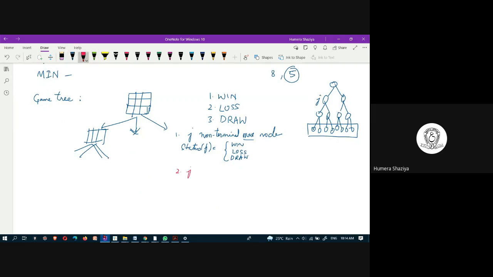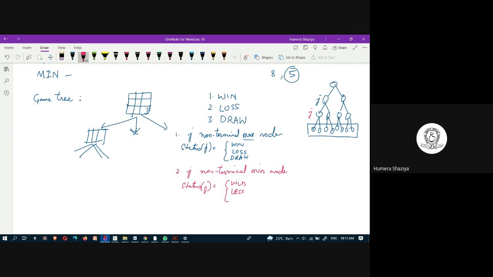Second, if J is a non-terminal node which is of min kind, consider here, this is a min node which is non-terminal. The status of J is determined by going through its successors.